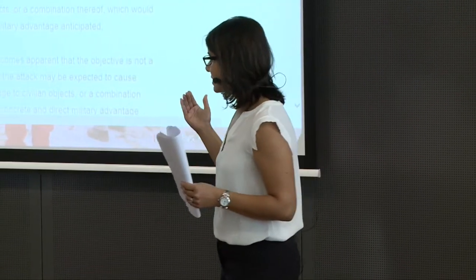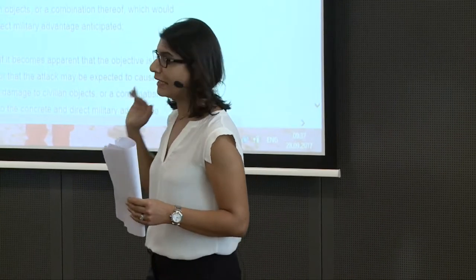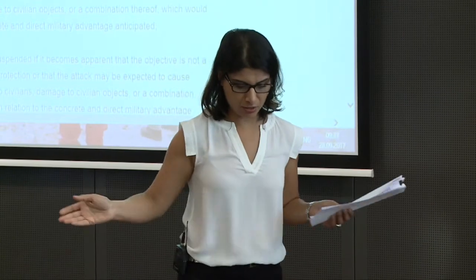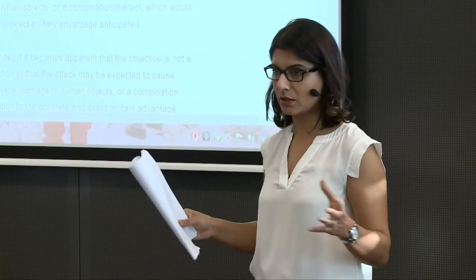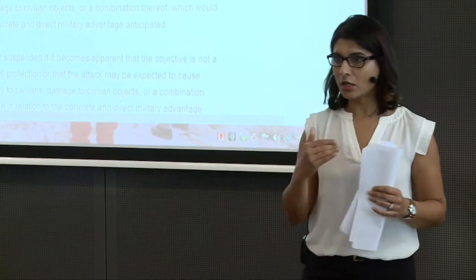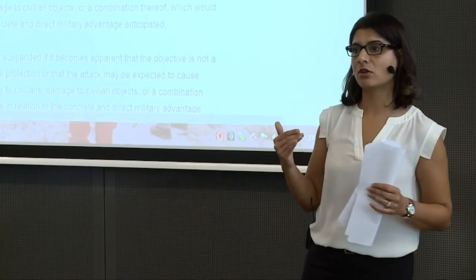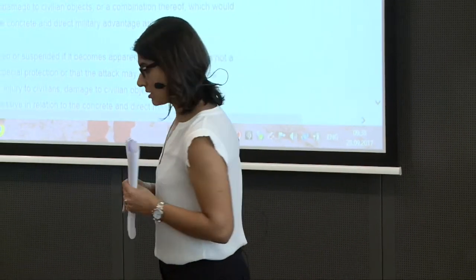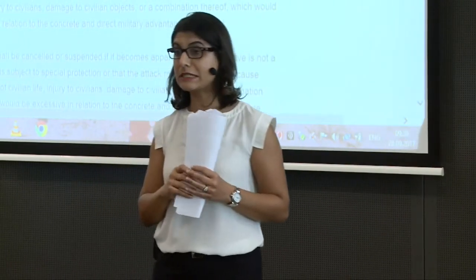One of the ways that some militaries do this in the planning phase, and yesterday evening Professor Schmidt was talking about this, is that the US and NATO and some of the Western militaries have a very sophisticated collateral damage estimate methodology. I think most of you were there yesterday, and it was a very interesting presentation.